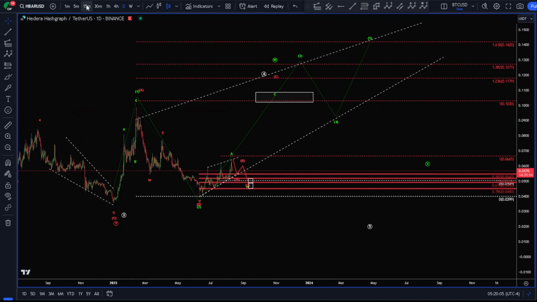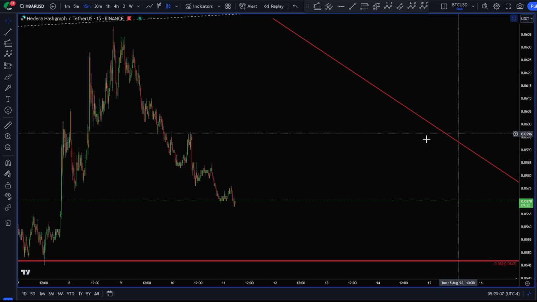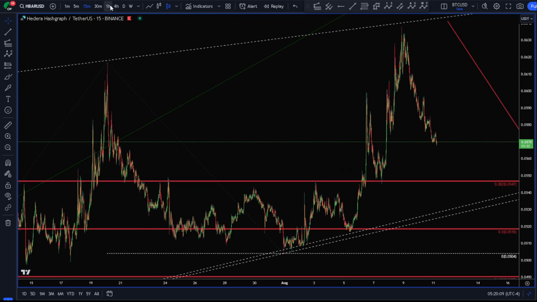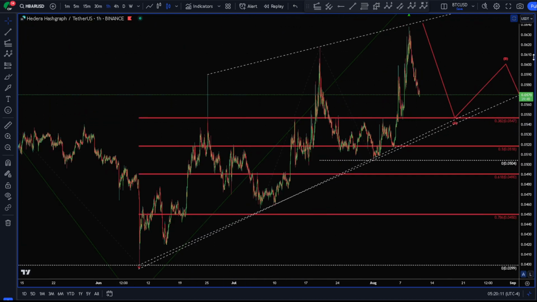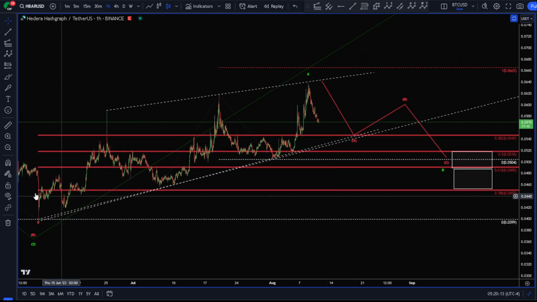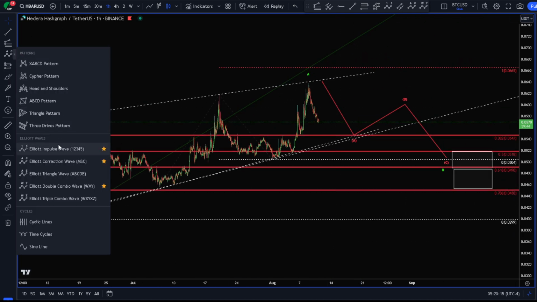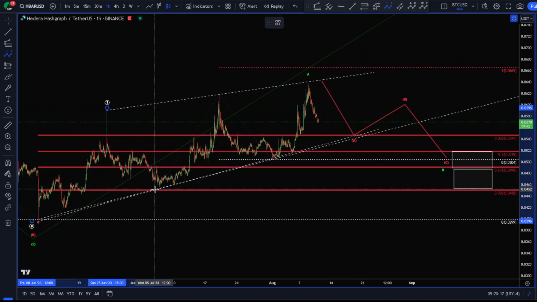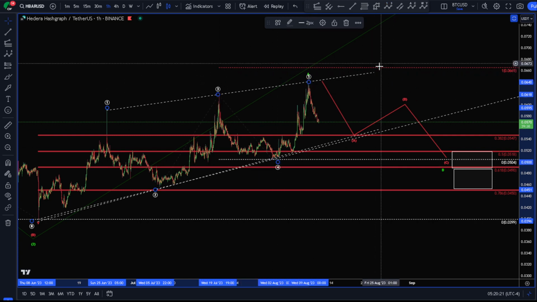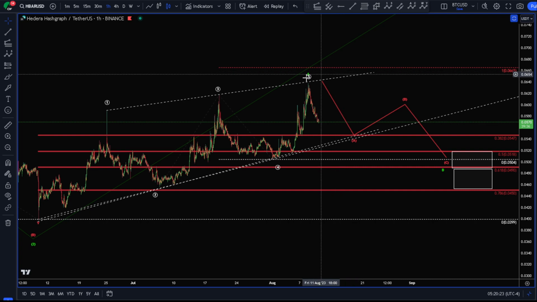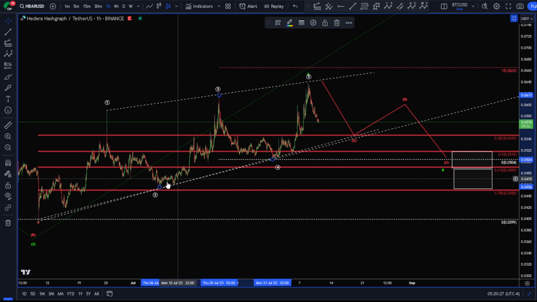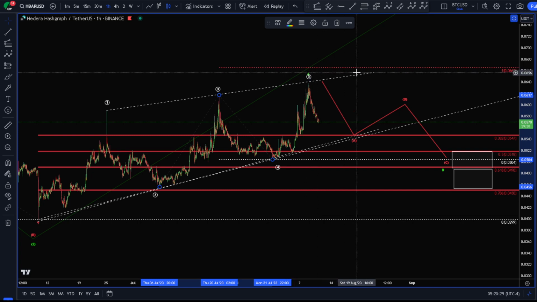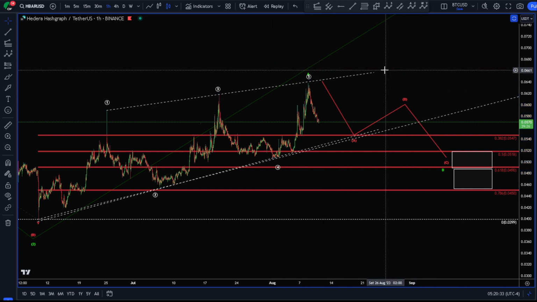Now going even closer, if you watch earlier in the week, I had this as a leading diagonal. We've got our 5 waves up. I was keeping an eye on this area for a reversal because this is the 1-to-1 of wave 3, where if we went above that, that would have invalidated the leading diagonal.